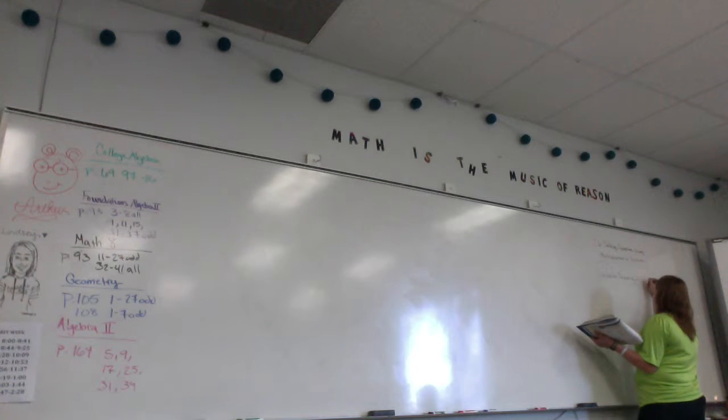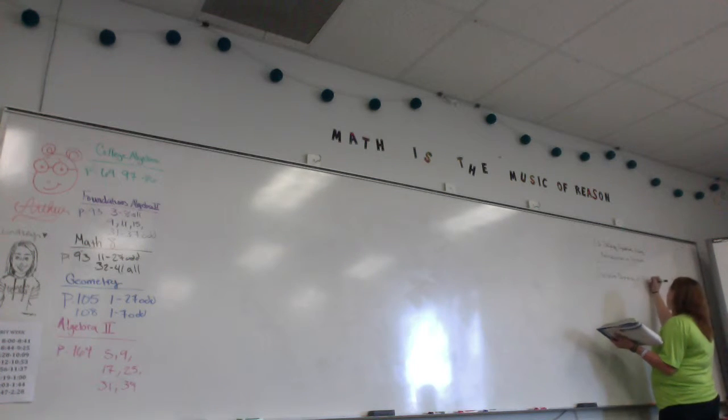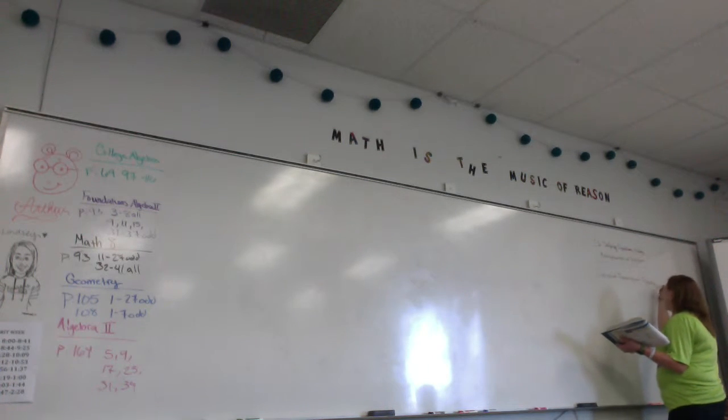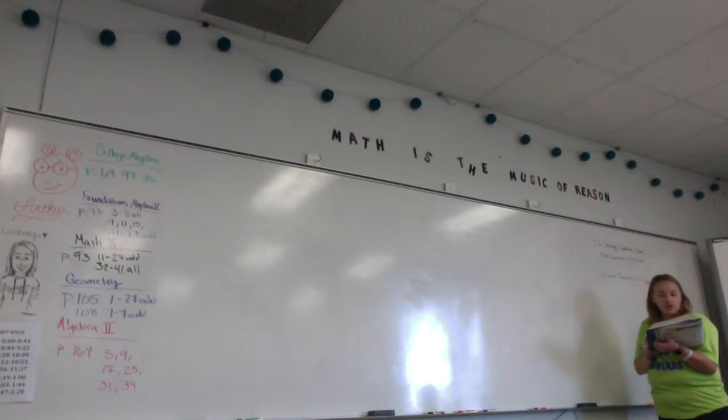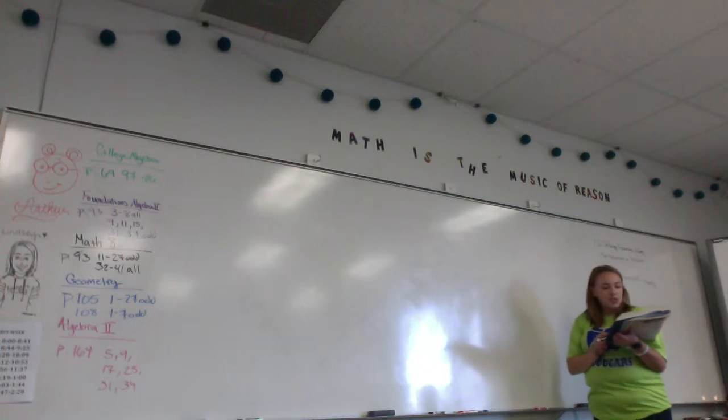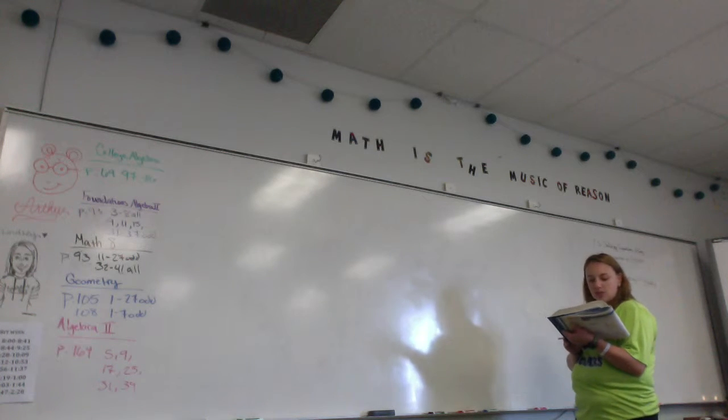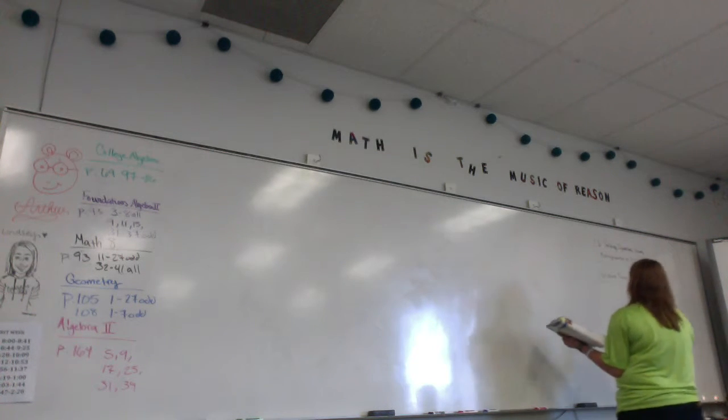Just like we had the addition property of equality and the subtraction property of equality yesterday, right? So the division property of equality says dividing each side of an equation by the same non-zero number produces an equivalent equation.